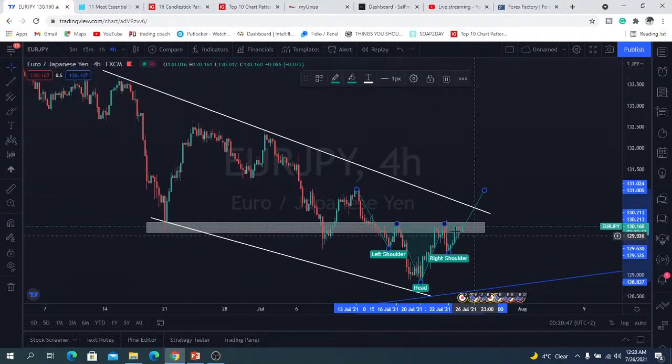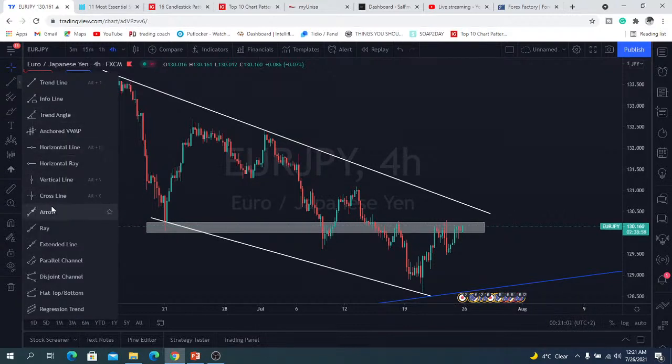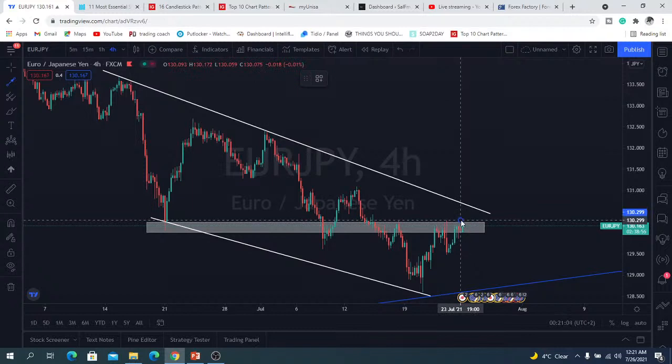So we are going to wait until the market breaks this zone. And once the market breaks the zone, we are looking for possibilities to the upside to complete this head and shoulder.